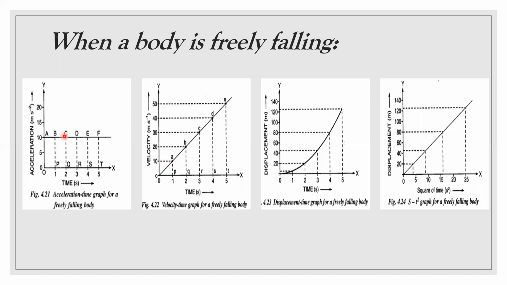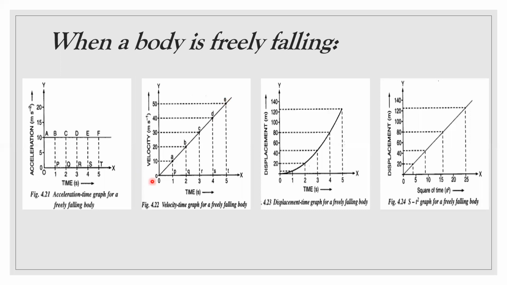Now the velocity at point 2. The under area which I will consider is the under area of rectangle ACQO. That will be 2 multiplied by 10, that is 20. So here this point is at 20. Then likewise 30, 40 and 50.